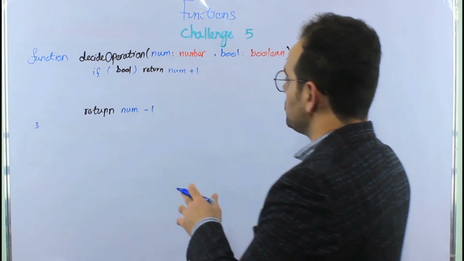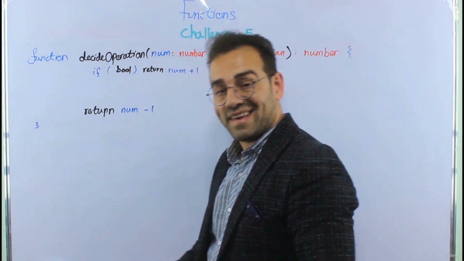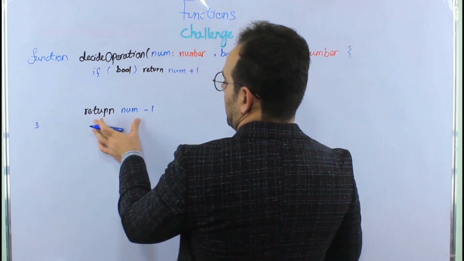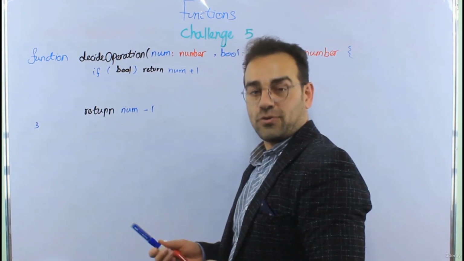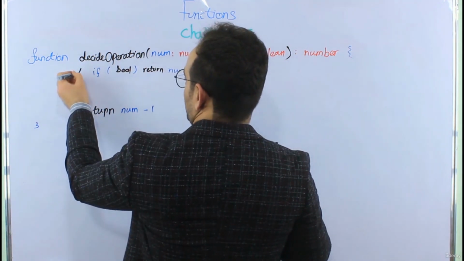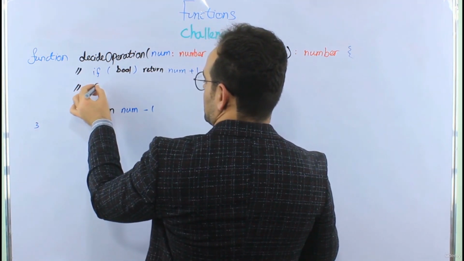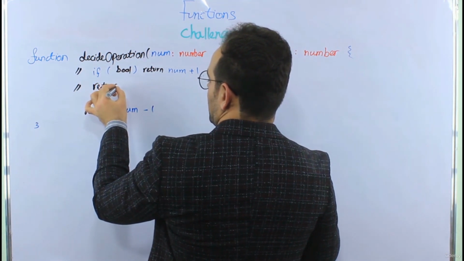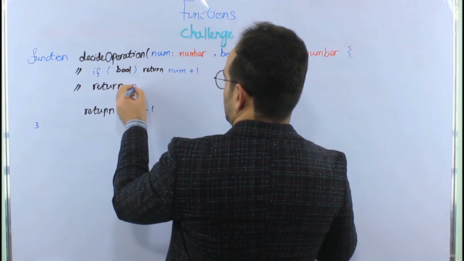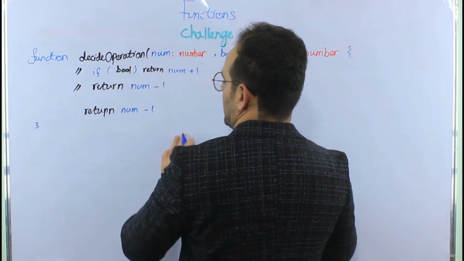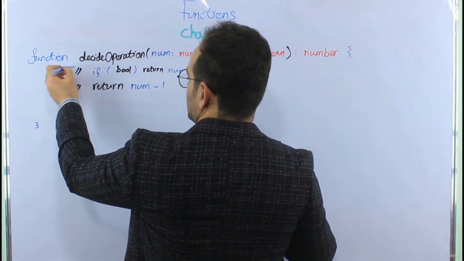Now, for that, I could waste your time and create this entire function again. But what I'm going to do is shift this upwards, and then comment both of them out on whiteboard. So this is commented out, and this following line is also commented out. So I'm going to say return num minus 1. And now I'm going to get rid of this.